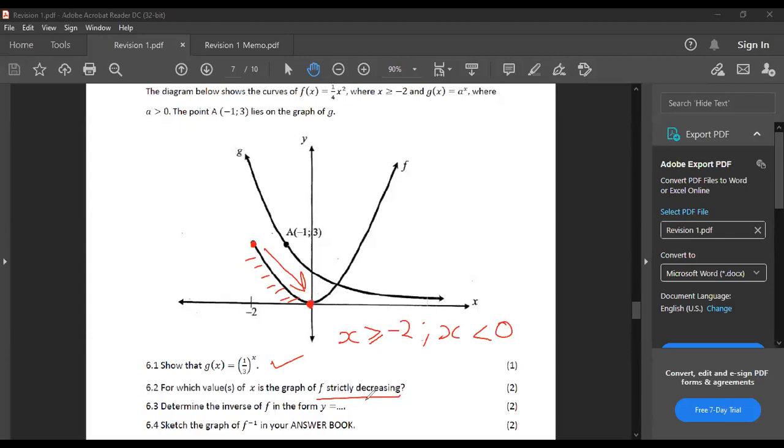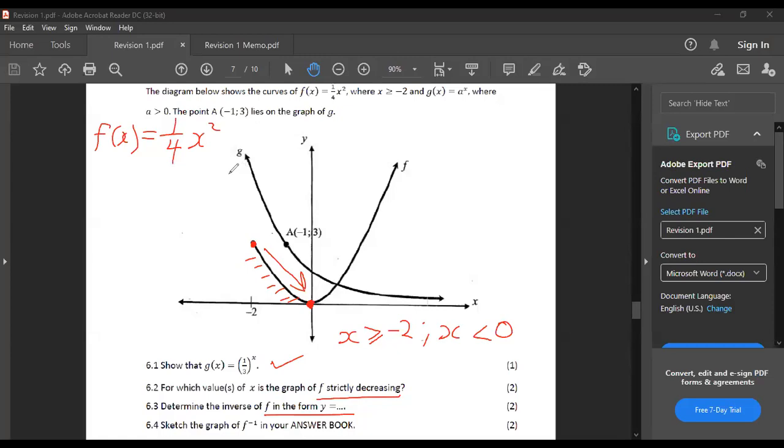Then it says determine the inverse of f in the form f inverse. There is your f given: f of x is equal to a quarter x squared.